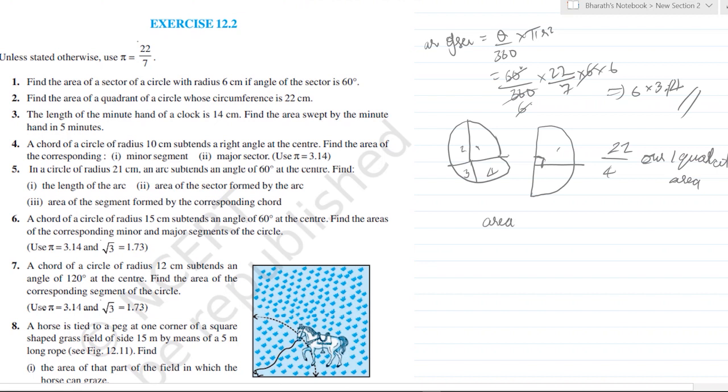Now this itself can be a sector, right? Area of sector is equal to theta divided by 360 into pi r square. Theta is 90 degree, so divided by 360 into 22 by 7. We don't know r square.